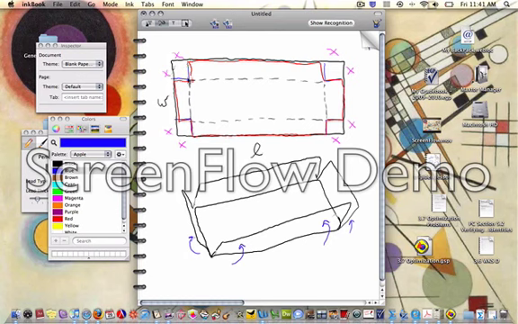Okay, so let me try to connect the dots here for you. This would be our capital L, this dimension here. This here would be our W. And one of these flaps would be a good one to choose.